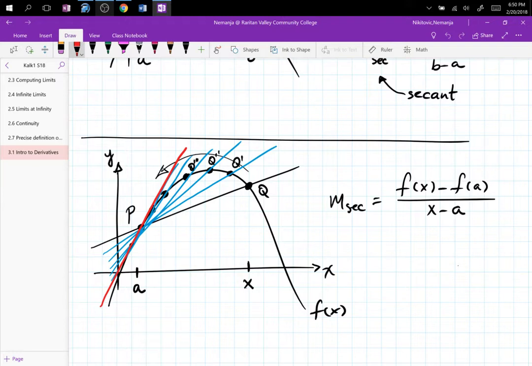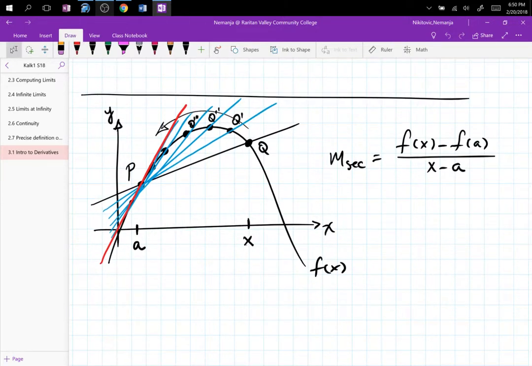The red line is called the tangent line, one of the central concepts of Calculus 1. Arguably the most important concept of Calculus 1. Tangent line.